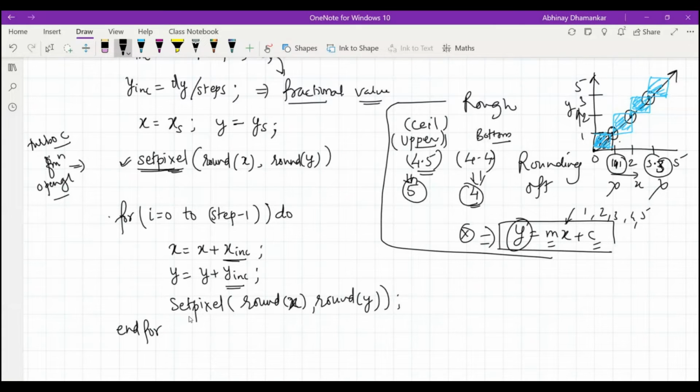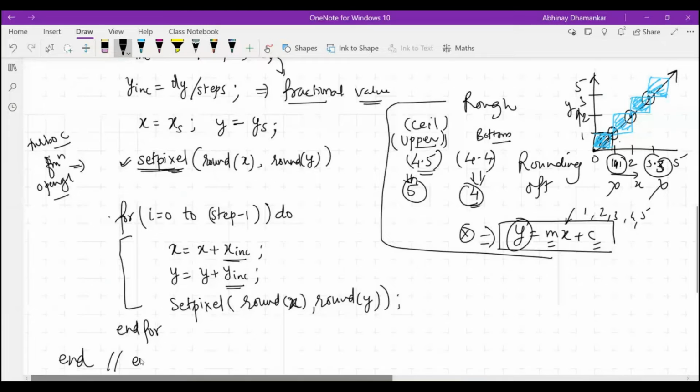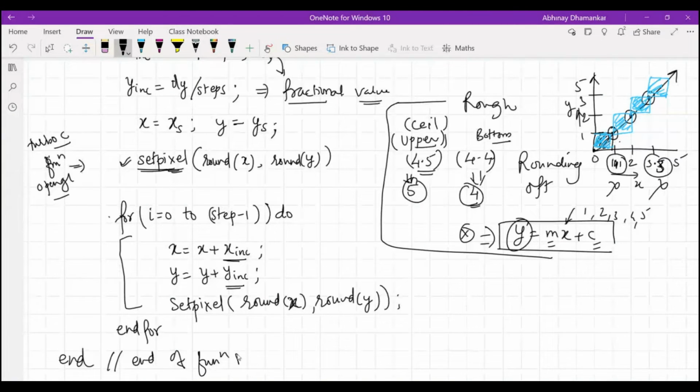Repeat the whole statement till step minus 1. Don't forget to write end over here: end of the for loop, end of function DDA. This is very important. Don't forget to end.